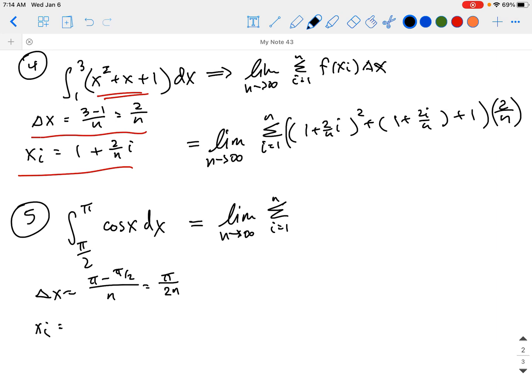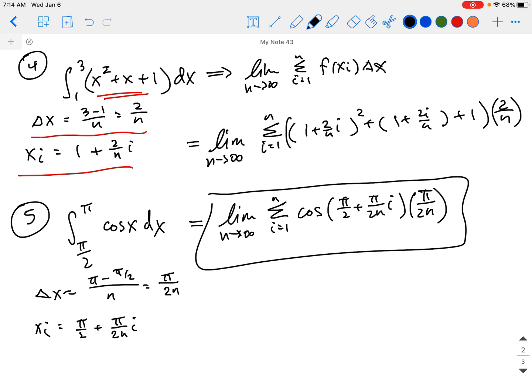That means that x sub i is pi over 2 plus pi over 2n times i. So then we're going to get cosine of pi over 2 plus pi over 2n times i, times pi over 2n. And that's our answer.